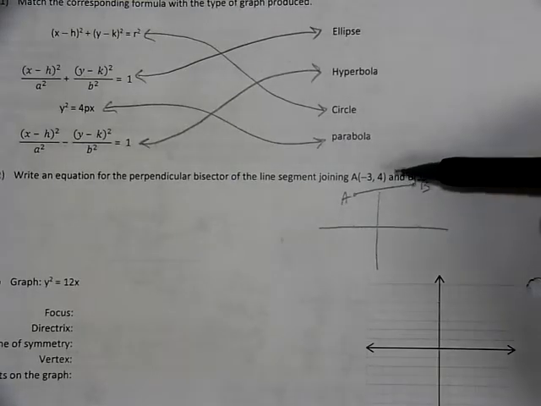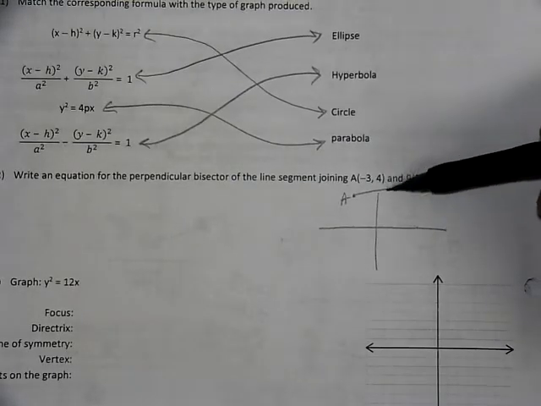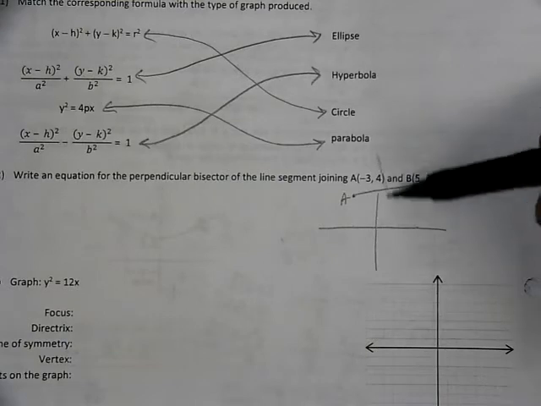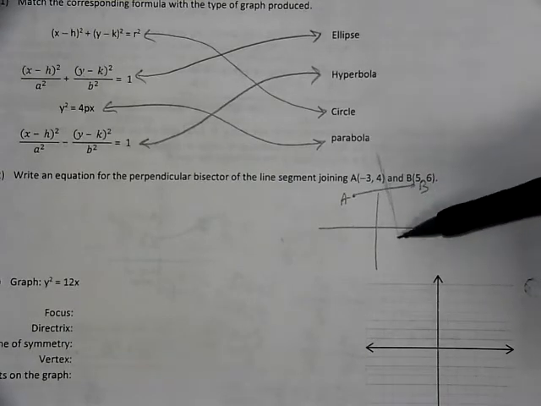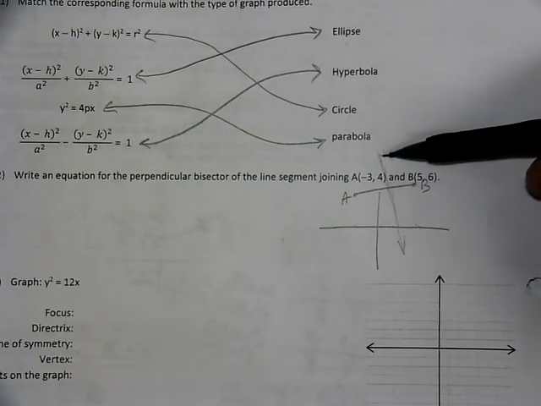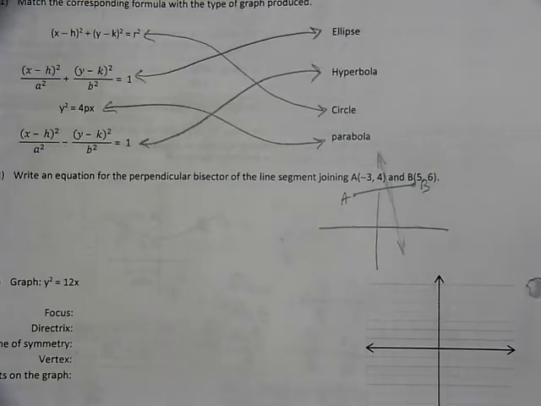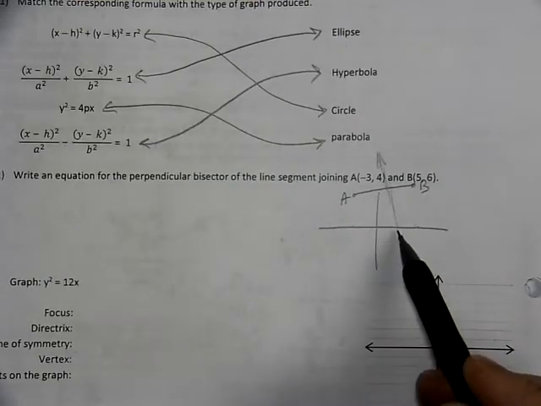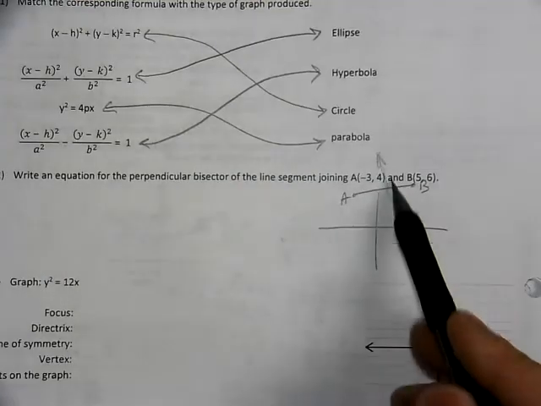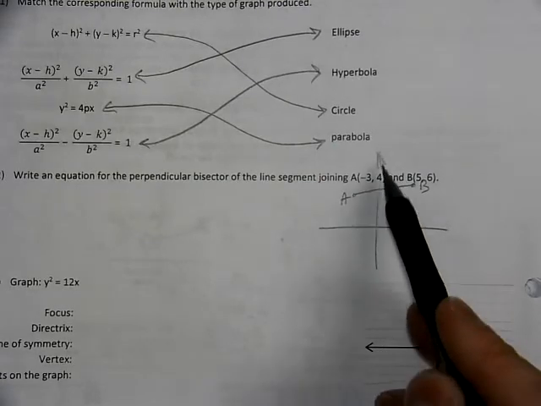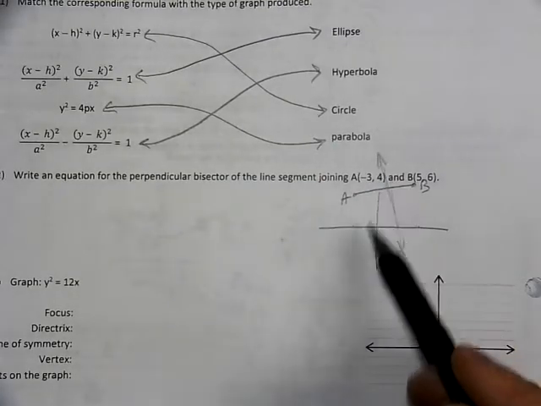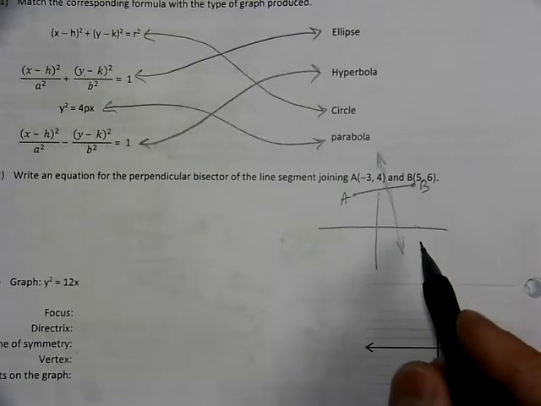We need to find the midpoint and the perpendicular slope of that. So I need to know the equation of that line. We see that it's going to have a negative slope. It's going to be a pretty large slope, and it's going to have a relatively large y-intercept.